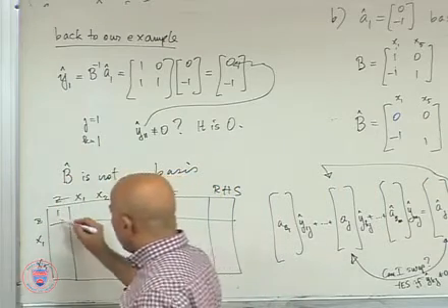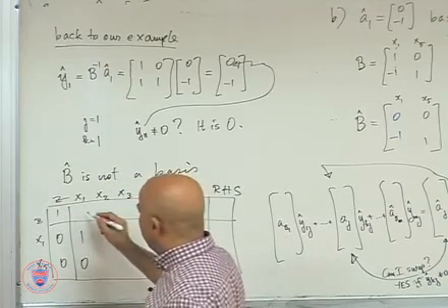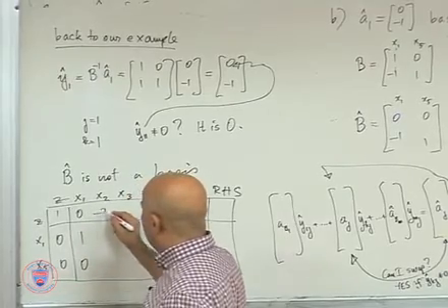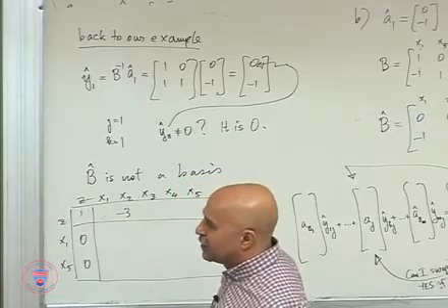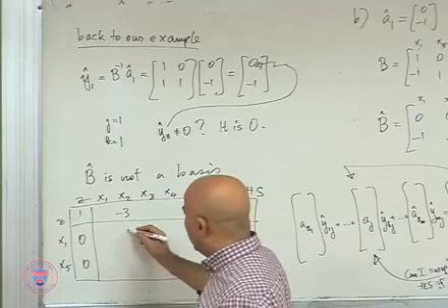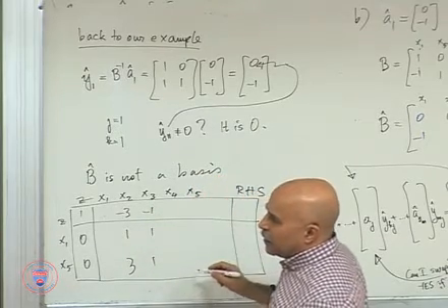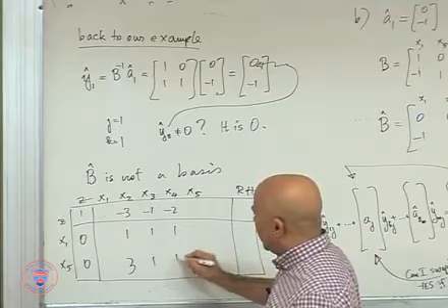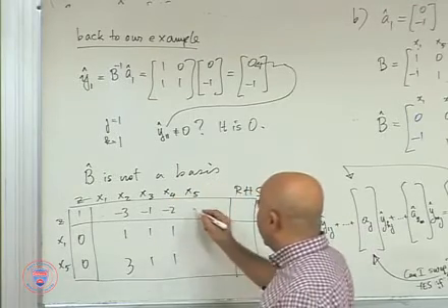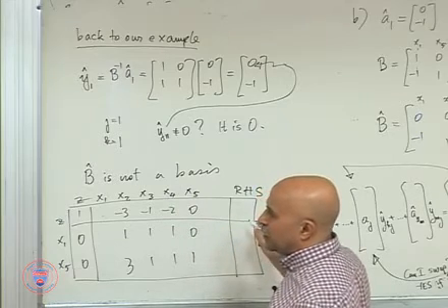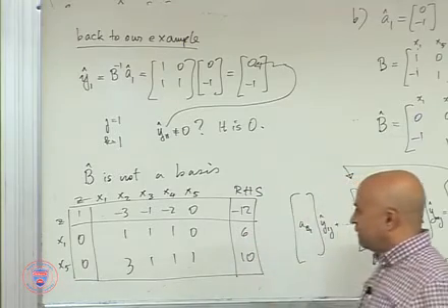So we've got the old numbers. By the way, the x1 column is changed. So minus 3, 1, 3, minus 1, 1, 1, minus 2, 1, 1. What else do we have? x4, 0, 0, 1. The right-hand side, minus 12, 6, and 10.